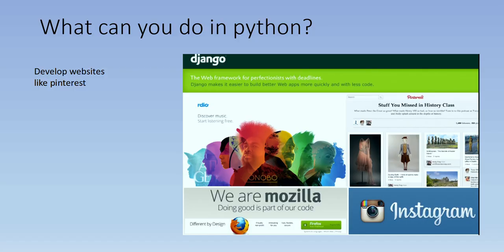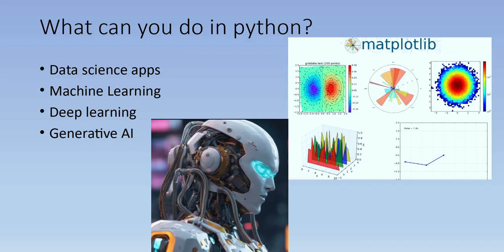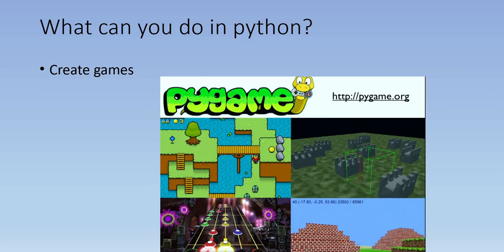We can do a lot of things in Python. Currently, everything like developing websites like Pinterest. We can develop data science applications. Most of the Python that you see today is for machine learning, deep learning, and generative AI.